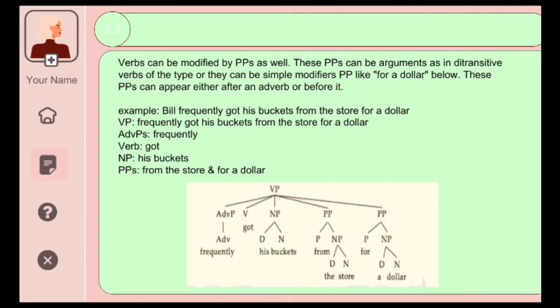Prepositional phrases: from the store and for a dollar. Our preposition in the first prepositional phrase is from, determiner the, noun store. Our preposition in the second prepositional phrase is for, determiner a, and noun is dollar.